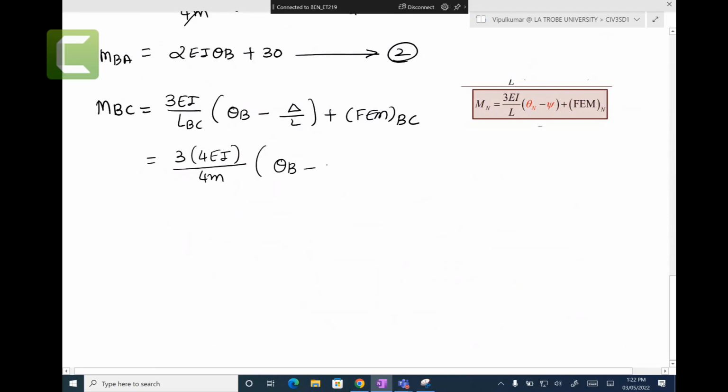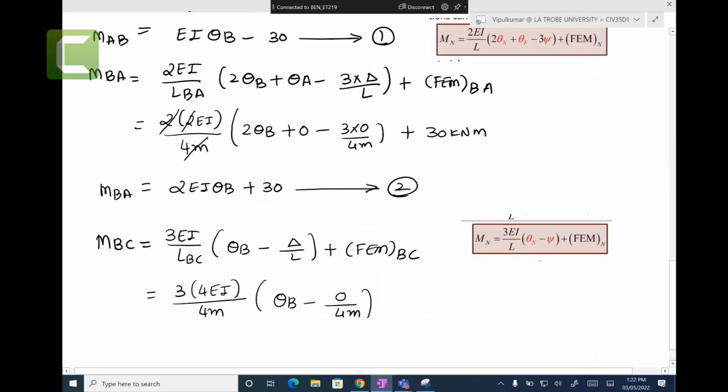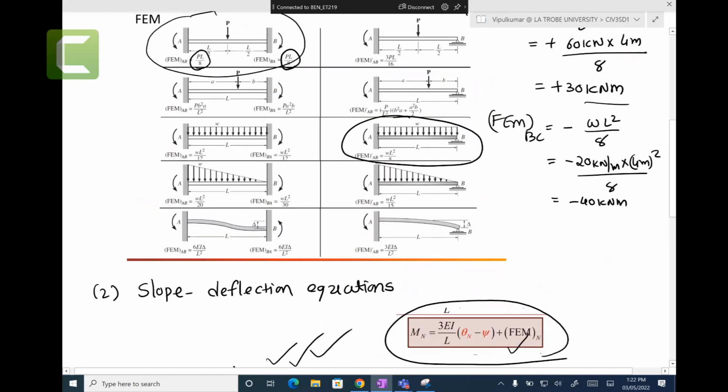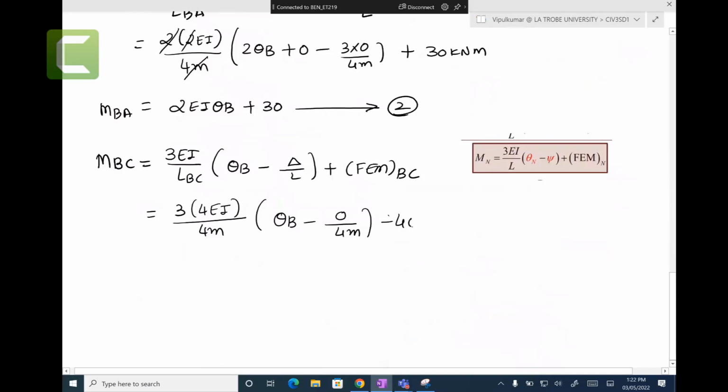Theta B we need to find, that is 0. The fixed end moment of BC is minus 40. So this 4 is gone. MBC equals 3EI theta B minus 40.